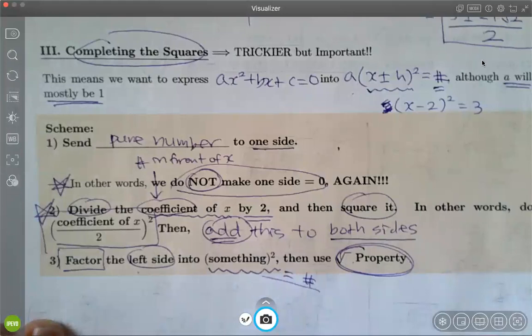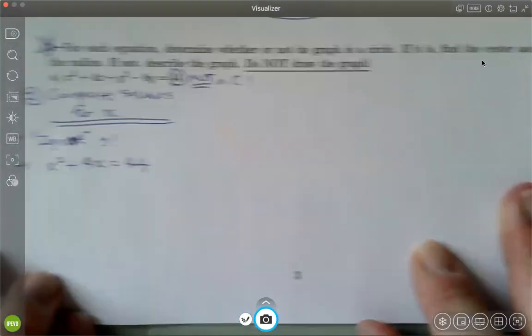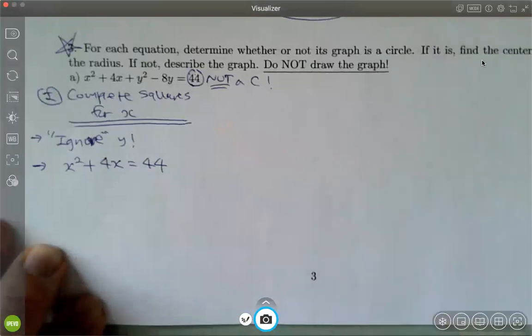So now, from here, do we send the pure number, which is 44, to the left-hand side, or do we just leave it like that? In other words, do we subtract 44 or we don't?